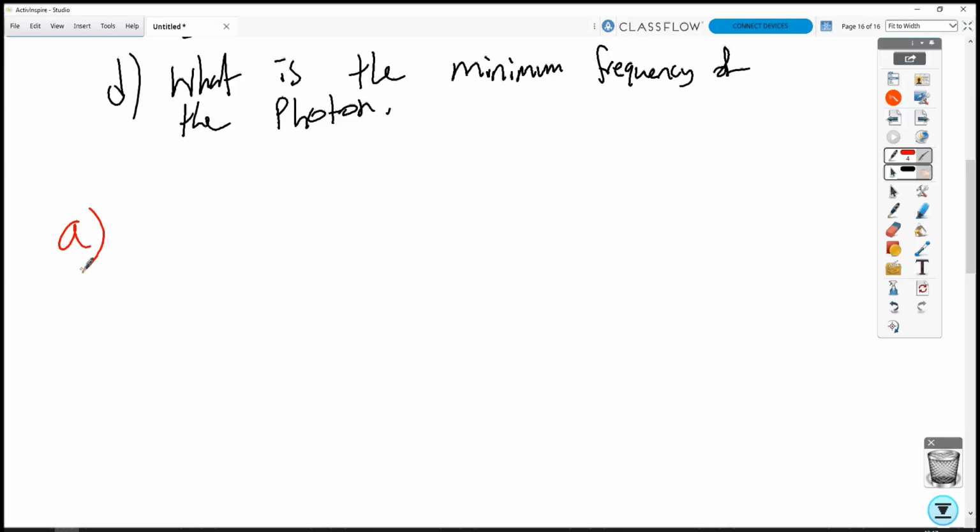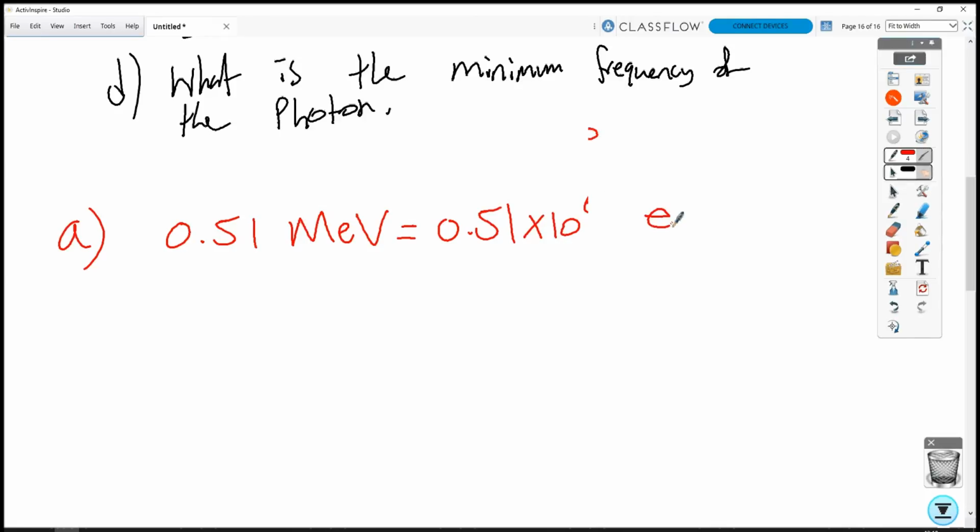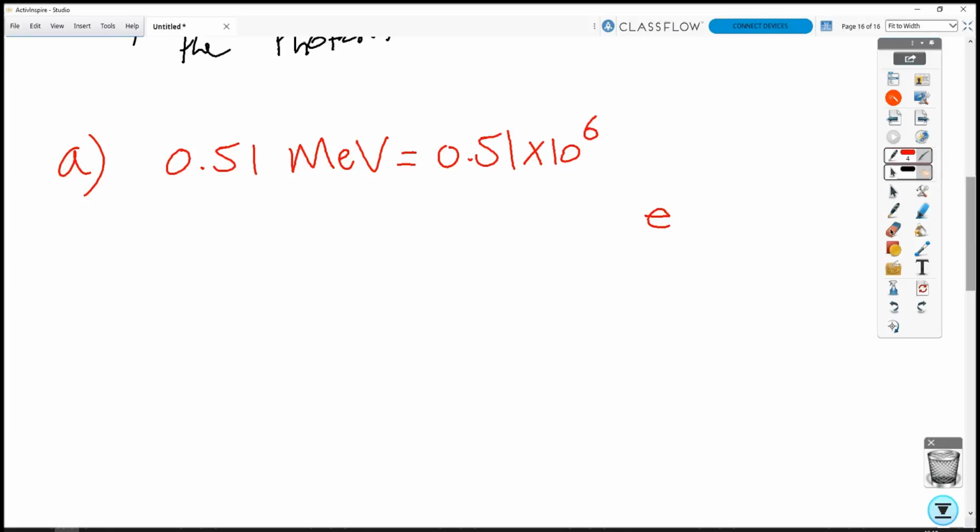We first convert from MeV to eV. So 0.51 mega electron volts is equal to 0.51. We simply replace the mega with what it means in standard form, which is times 10 to the power of 6 electron volts.